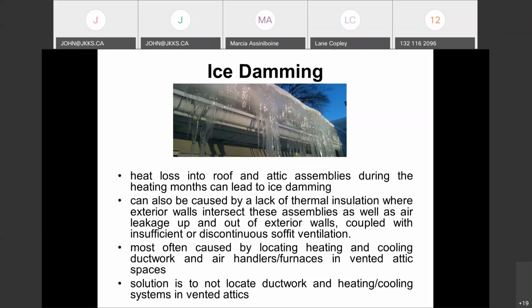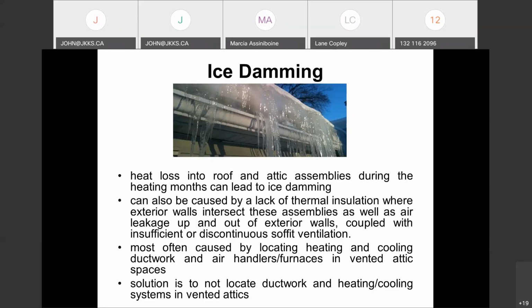So heat loss into a roof and attic assembly during the heating months can lead to ice damming. It can be caused by a lack of thermal insulation, or too much, or the fact that simply that overhang can't breathe. So we need ventilation.